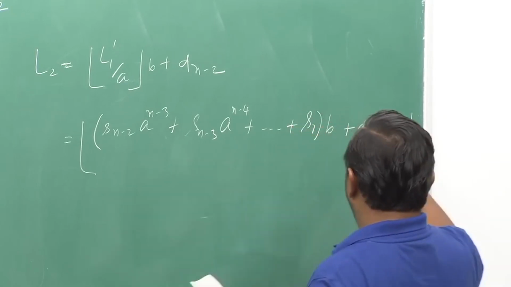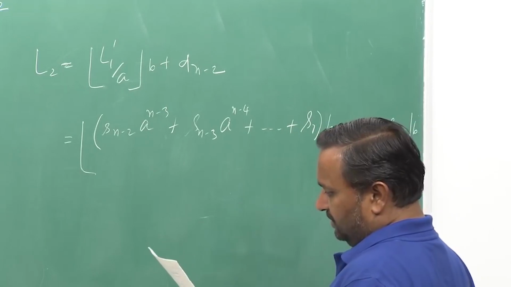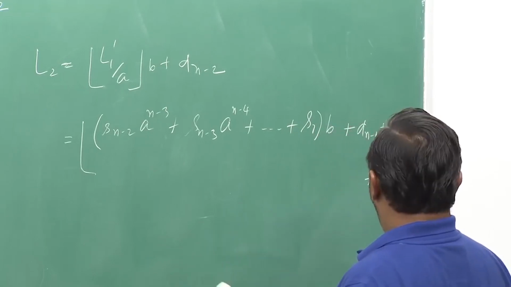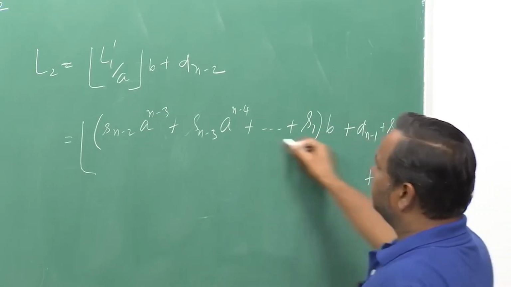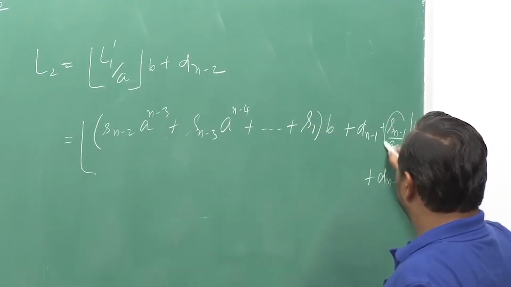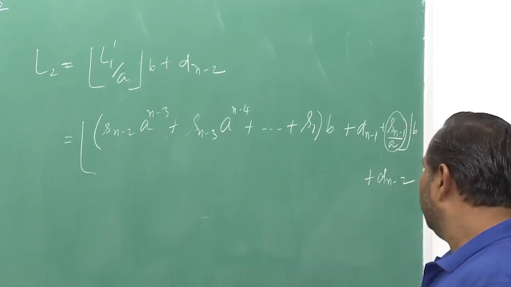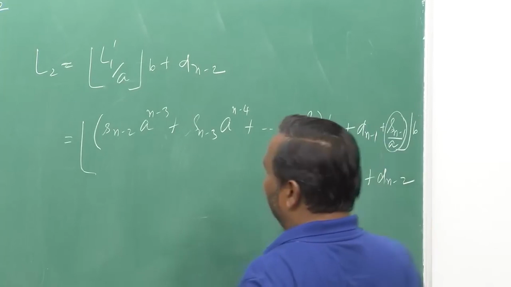So, I have already divided by A all throughout. So, this A is gone, Sn minus 1 by A will be here. Now, all these terms are greater than 1, they will all become integer, only this one is a fraction. Sn minus 1 can take maximum of A minus 1 value. So, when I take floor function, this will be going out.